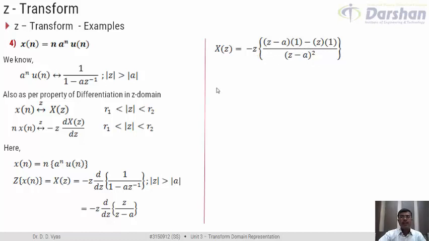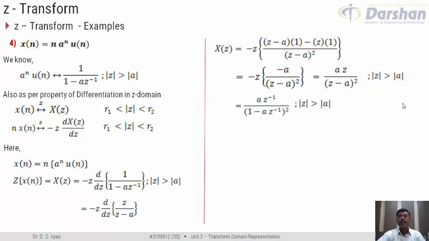This minus z in multiplication stays as it is. If I try to simplify this, we identify that z would cancel, so what is left in the numerator is minus a, which I can write like this: az upon (z minus a) whole square, mod z greater than mod a. If I try to write it in the inverse form, I can take z square out from the denominator.